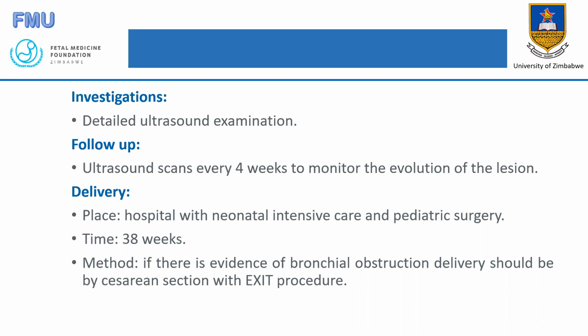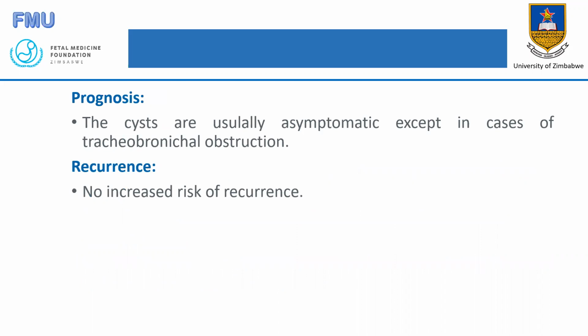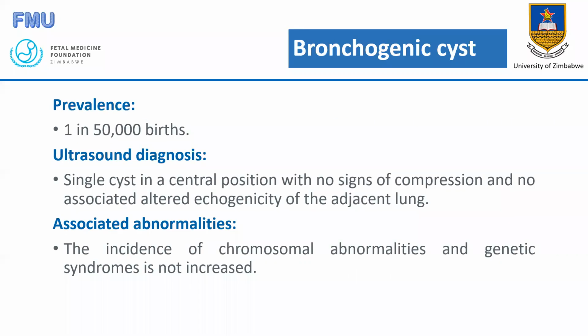So this is a delivery which can be arranged together with the pediatric surgical team. The cysts are usually asymptomatic, except if they are obstructing the tracheobronchial tree. Otherwise, they are asymptomatic and there's no increased risk of recurrence.